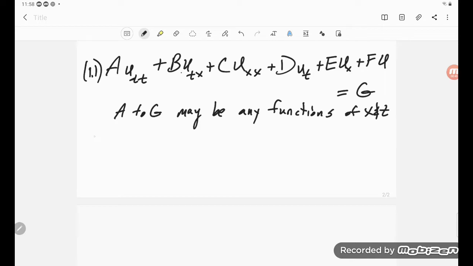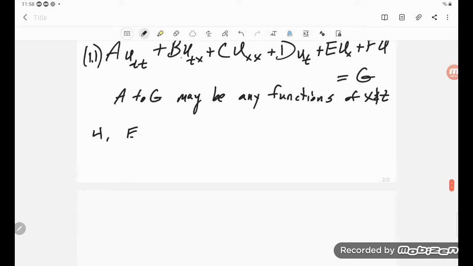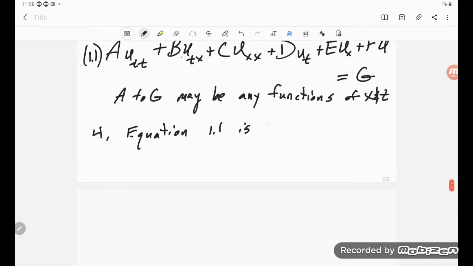And so then for equation 1.1, or really any partial differential equation, it is homogeneous if G is identically 0.